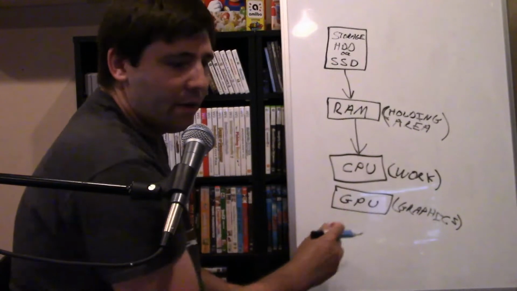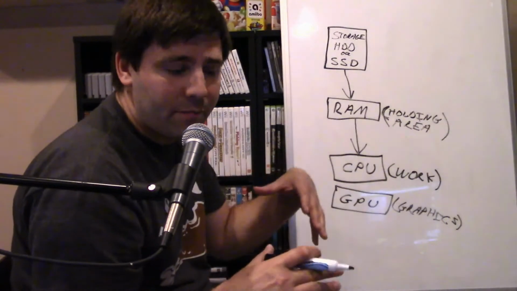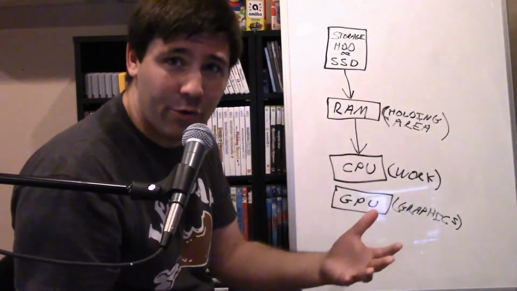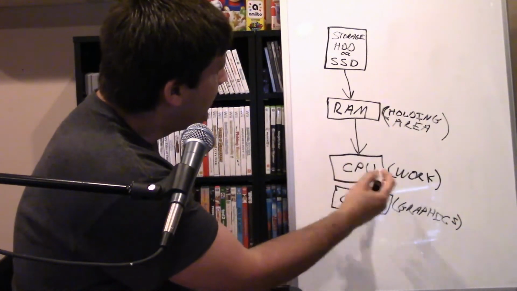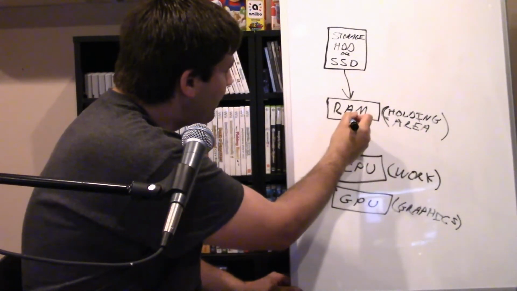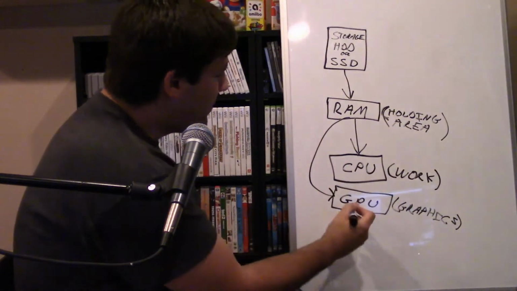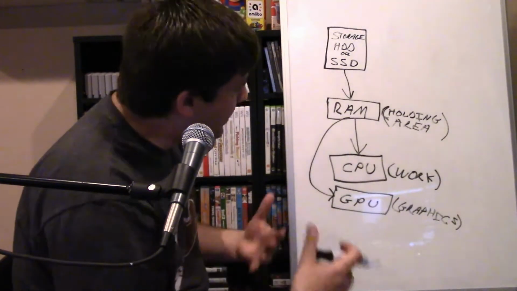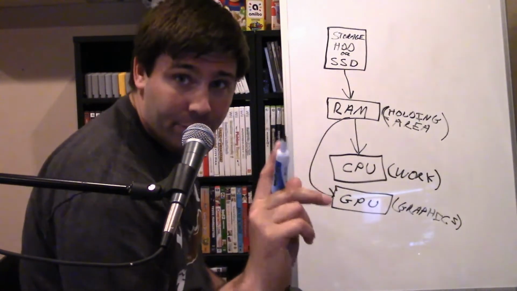Now, the way this works is, instead of having the CPU process all of the information for any video that has to be shown or rendered on the screen, we take it from this RAM and put it in here and have the GPU do that. The GPU actually has its own RAM, but we don't really need to get into that too much at the moment. We will in a minute.